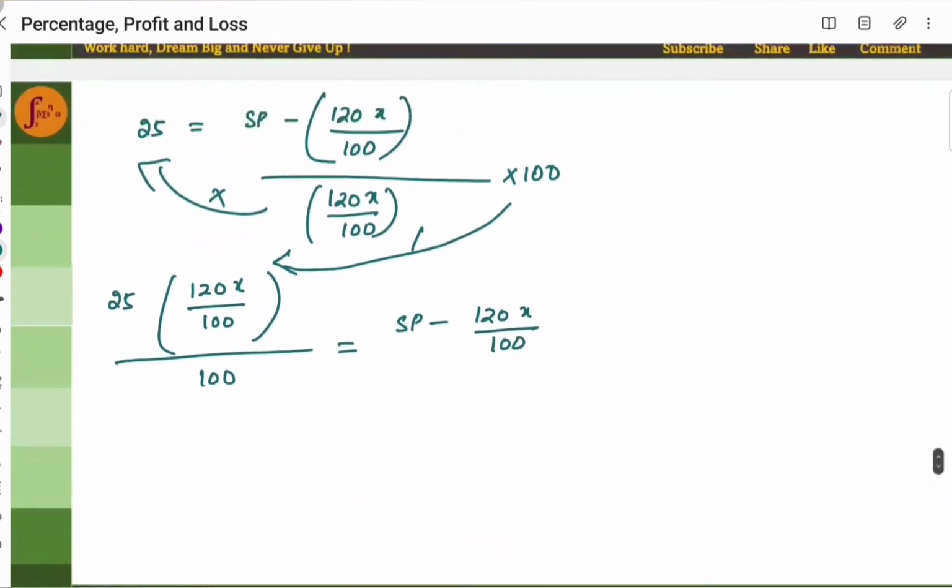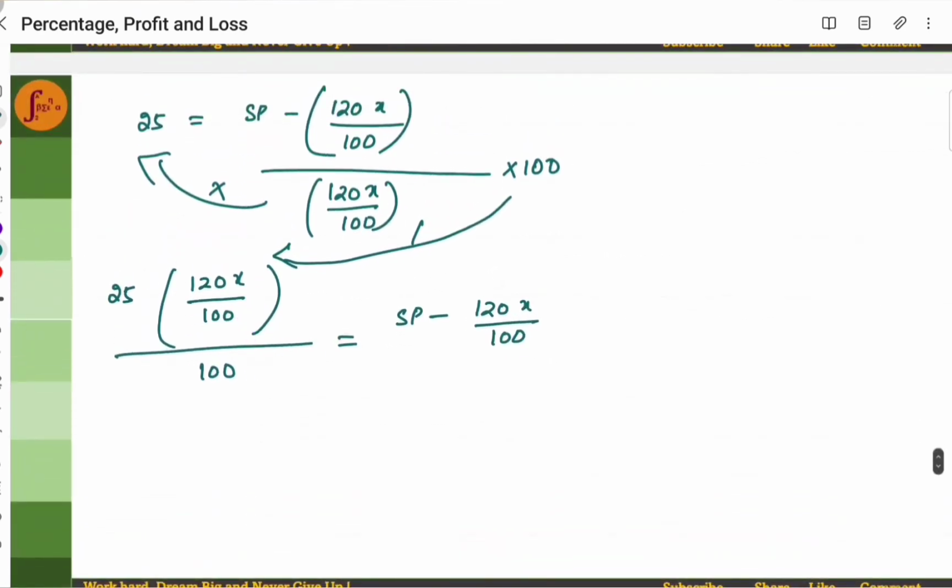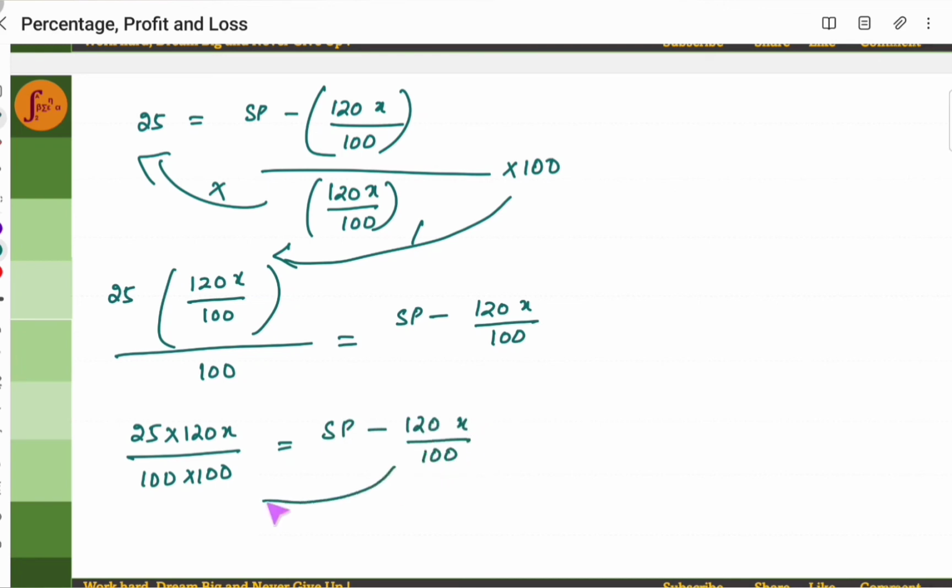Now if I calculate this, let's not calculate now, let's do it later. 25 into 120x by 100 into 100. There are two divide bys, so I'll write 100 into 100 is equal to SP minus 120x by 100. Now I'll shift this here, so this minus will become plus.